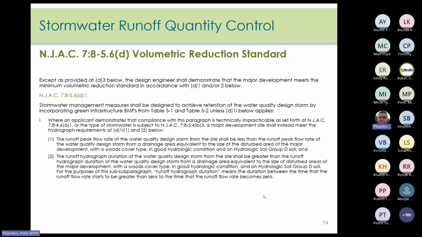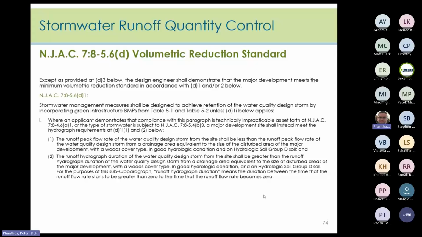However, when it is demonstrated that compliance with NJAC 7:8-5.6(d)1 is technically impracticable, as outlined in 7:8-4.6(a)1, or if the stormwater type is subject to 7:8-5.4(b)3, an additional option opens up to meet the volumetric reduction standard using alternative hydrograph requirements.